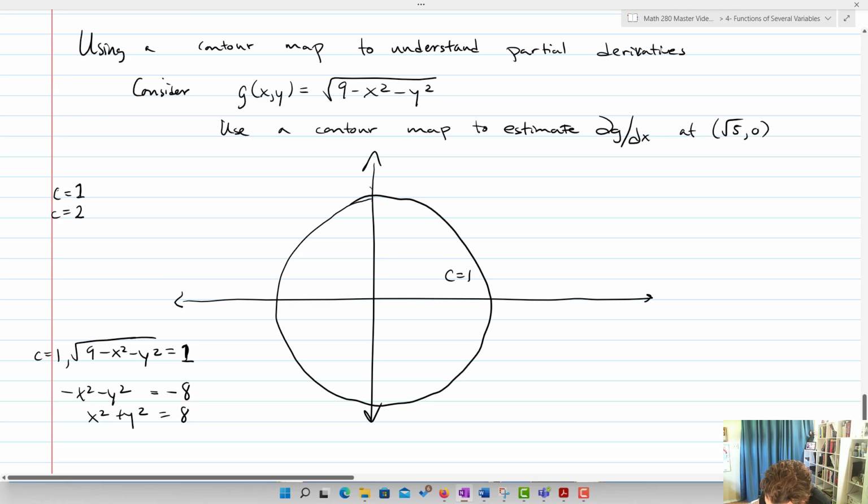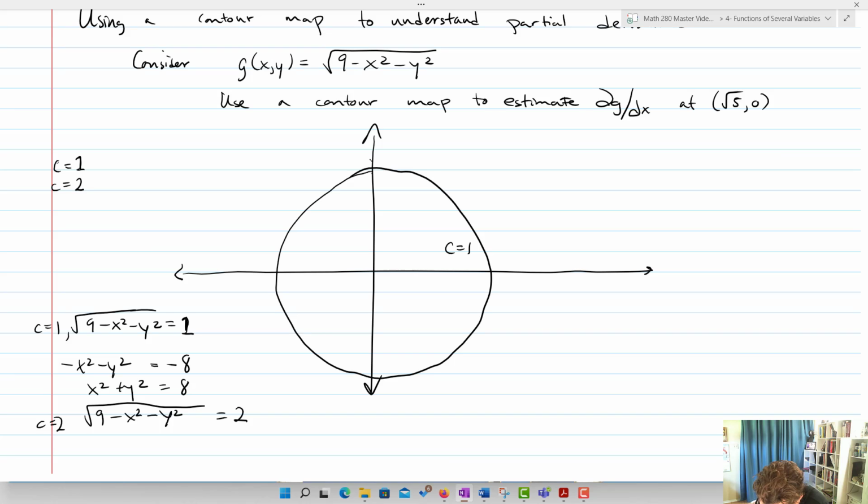And then when c equals 2, we do the same process. We take the square root of 9 minus x squared minus y squared equals now 2. Square both sides, and we end up with x squared plus y squared equals 5. So that ends up being just a shade inward.